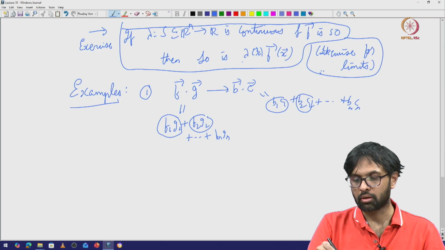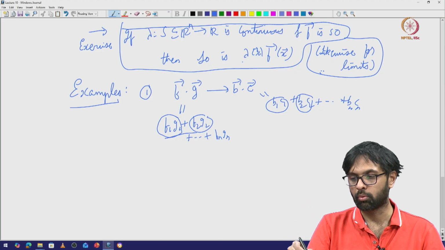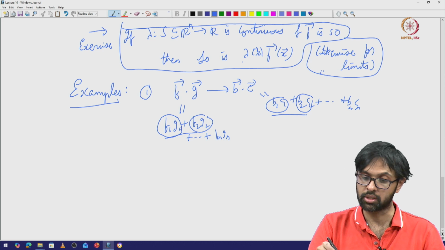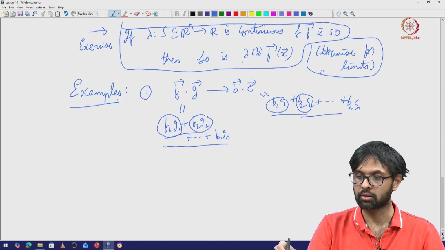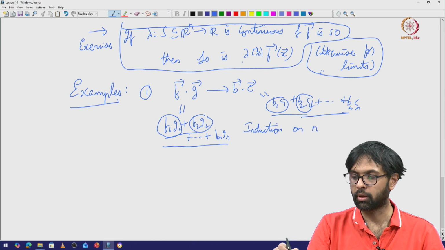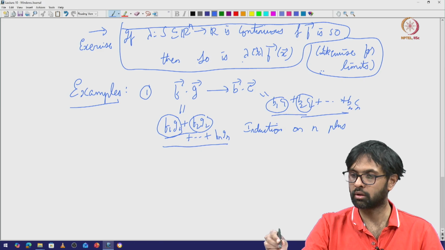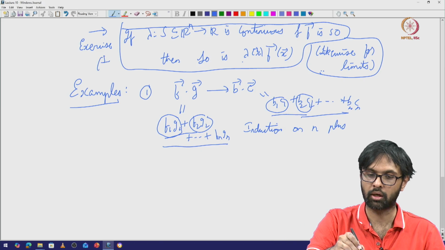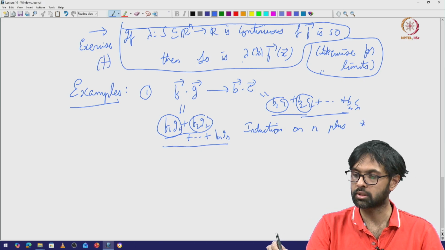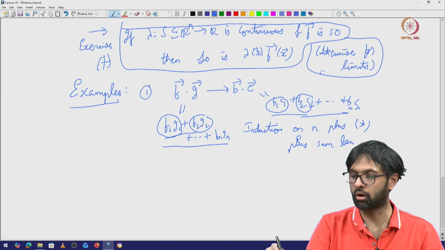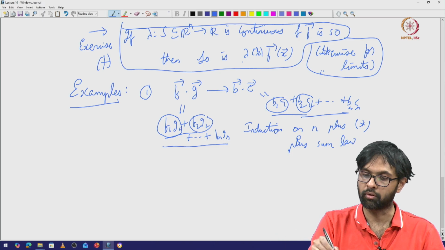And we know that the sum of two limits equals the limit of sums. This is a sum of n limits. So induction on n plus the product law plus the sum law will allow us to prove this.